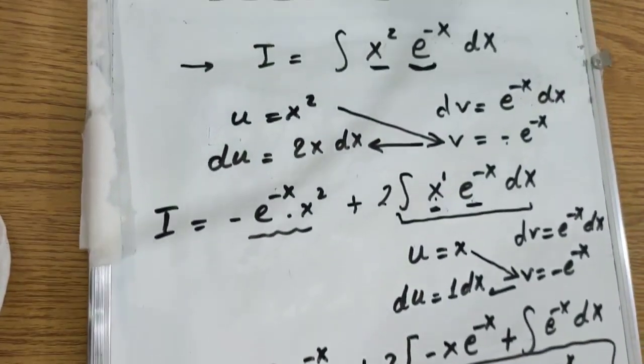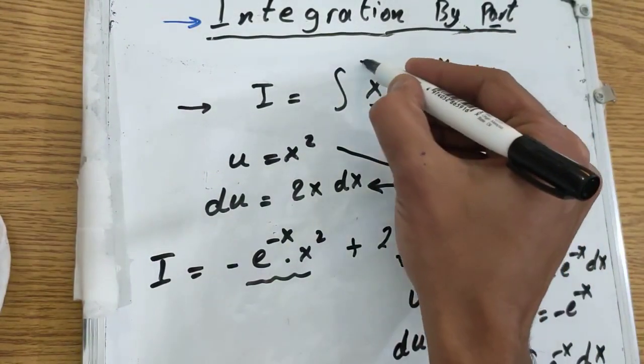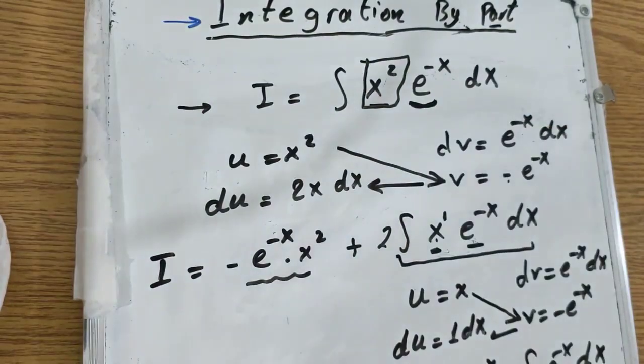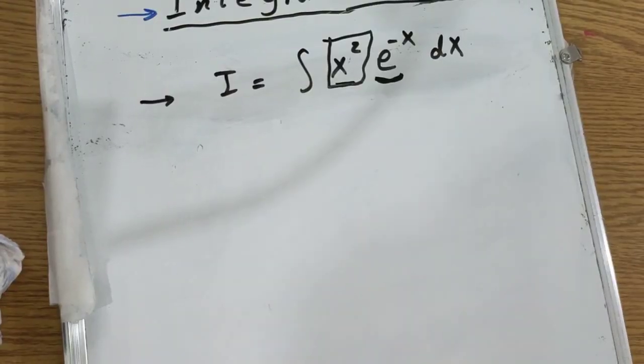We can classify this problem as case number 1 of integration by parts because we have a polynomial, which is x squared, times the function that can be integrated, e power negative x. But in this case, which is case number 1 only, we can do the integration by parts in an effective way, which is called the Tabular method.